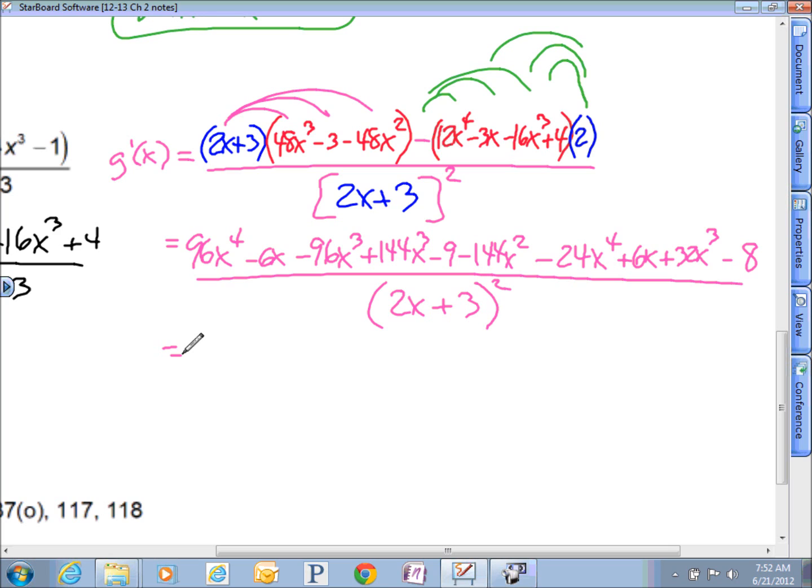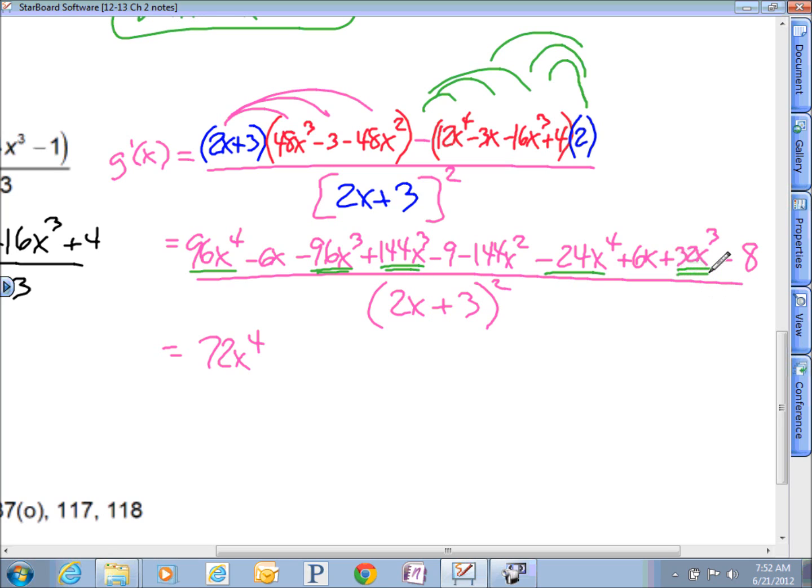So 96x to the 4th minus 24x to the 4th is 72x to the 4th. X cubes: here's negative 96 of them, here's 144 of them, and I think there's another 32 of them over this way.